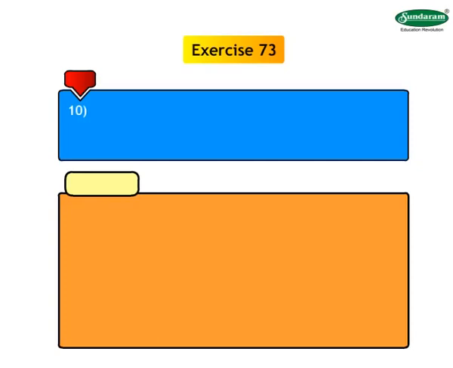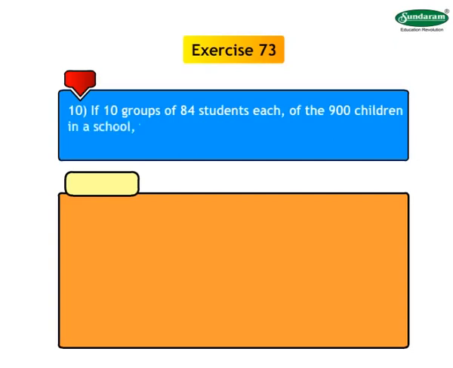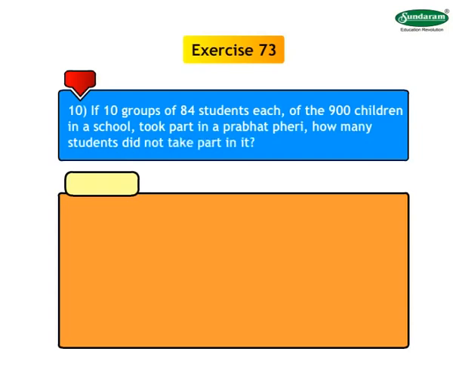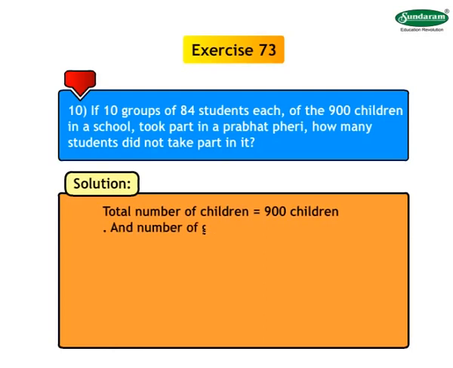10. If 10 groups of 84 students each of the 900 children in a school took part in a Prabhat Pheri, how many students did not take part in it? Solution. Total number of children is equal to 900 children. And number of groups formed is equal to 10 groups.